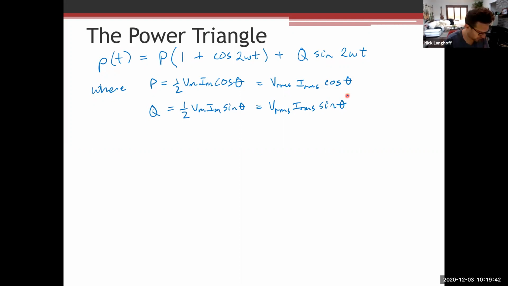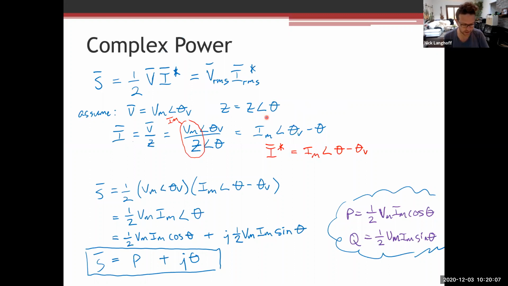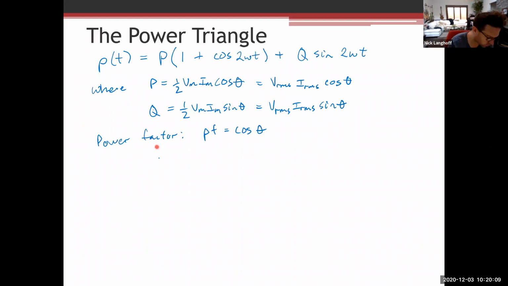Power factor, as we've shown, recall, PF is equal to the cosine of theta. We've also shown that P is equal to S times the cosine of theta.